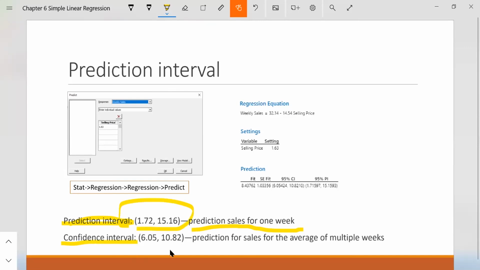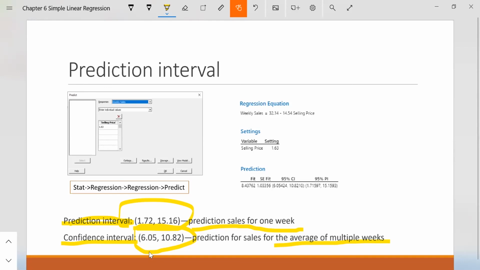For the confidence interval, it's the prediction for sales for the average of multiple weeks. So if you say, I'm going to predict the average sales for the next 5 weeks, then you want to provide the confidence interval, okay? Also, if you compare these two intervals, you would notice that the confidence interval ranges from 6 to 10, and the prediction interval ranges from 1 to 15. Apparently, the prediction interval is much wider than the confidence interval.